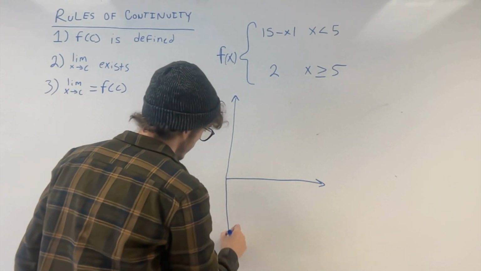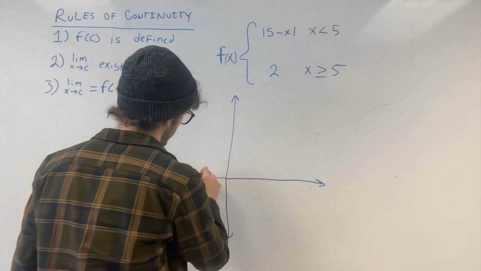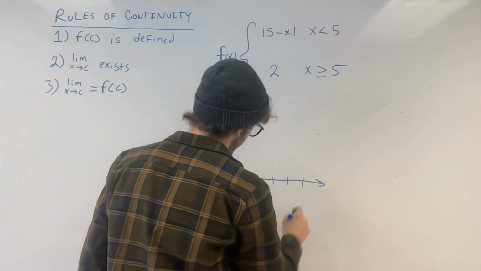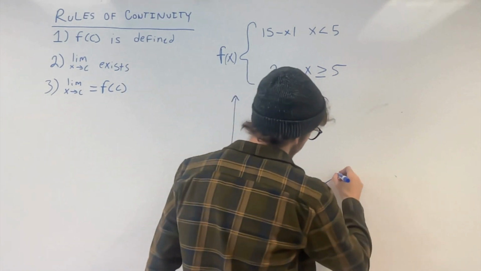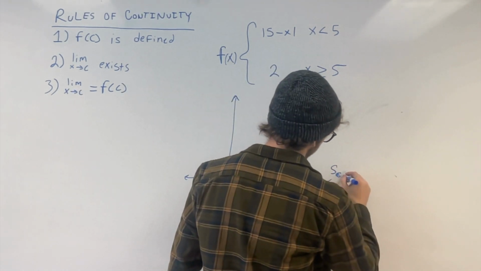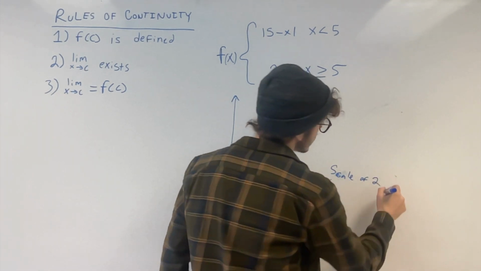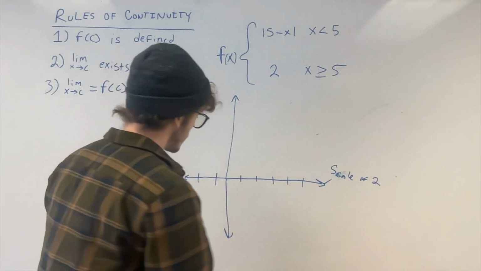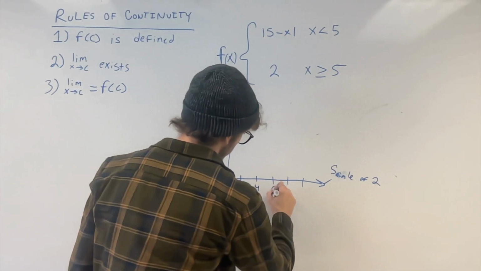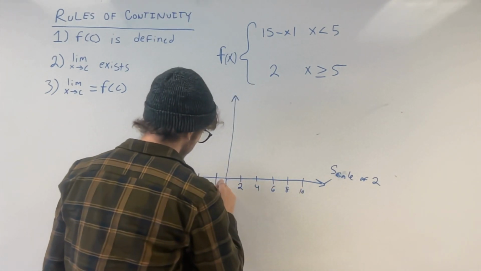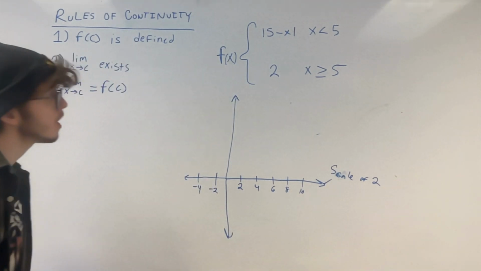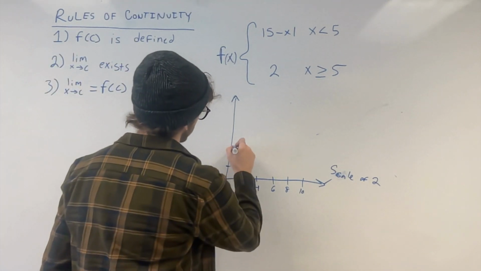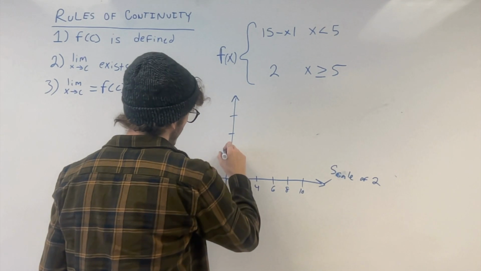The scale on the x-axis is going to be 2, so each tick is 2 units, so don't get confused here. 2, 4, 6, 8, 10, -2, -4. All right, so let's start to graph this. The y-axis is going to be by ones.